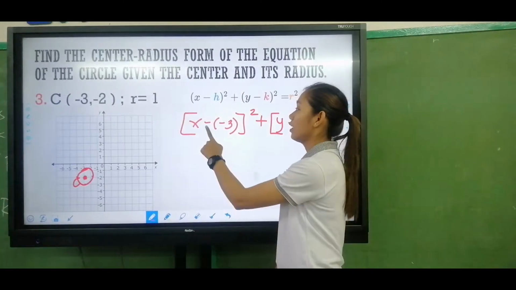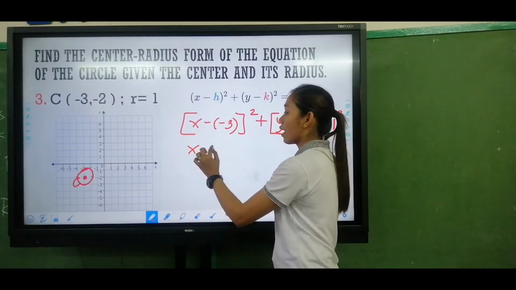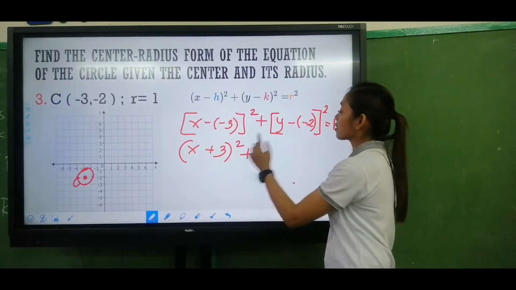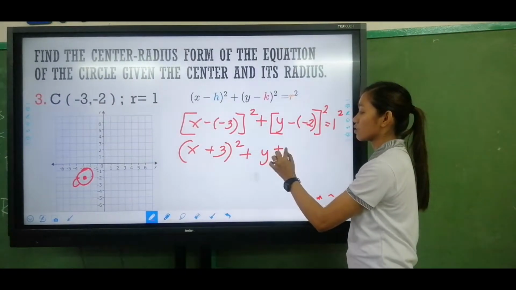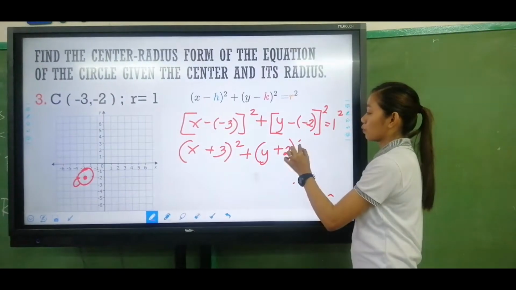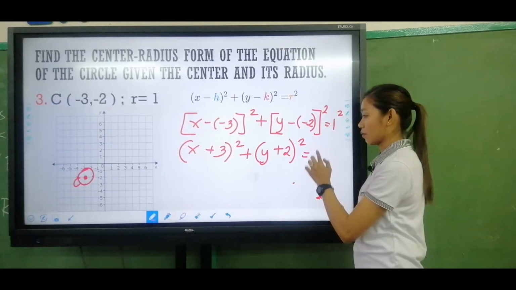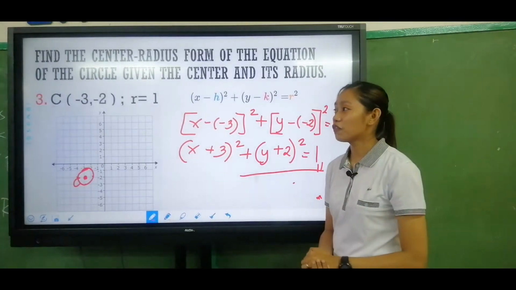Let's simplify. Negative, negative, so it becomes positive again. So (x + 3)² plus, negative, negative, again that will be positive, (y + 2)² is equal to 1 times 1, or 1 squared is 1. This is the center-radius form of our example in number 3.